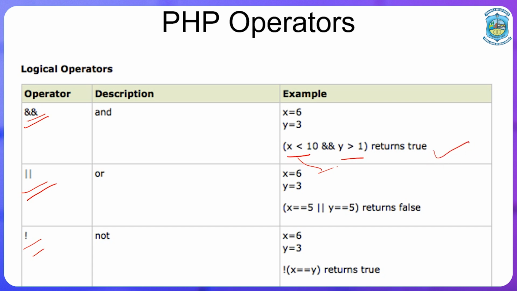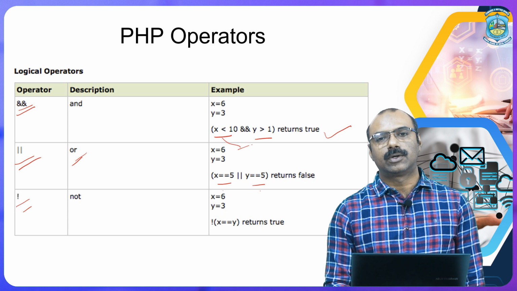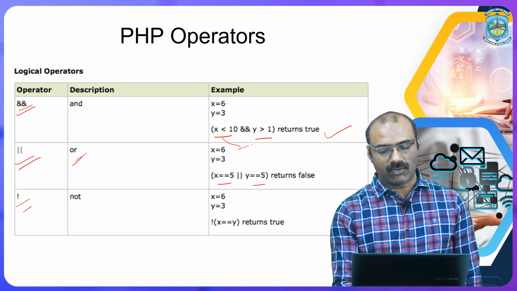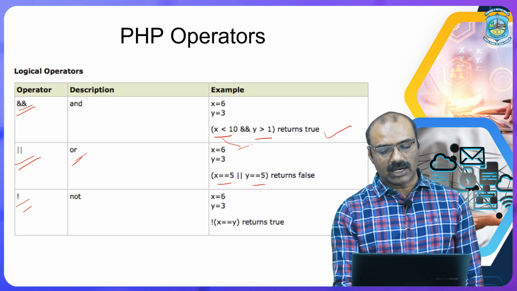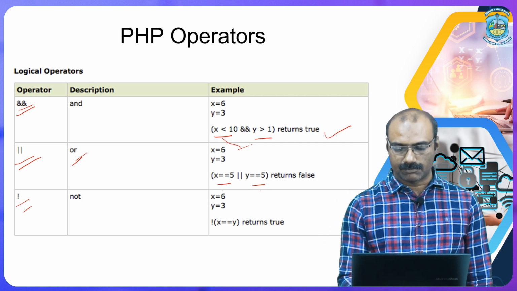Whereas if we use OR, it means either the first condition is true or the second condition. If either condition is true, it will give you a true result. Here it says x equals 5 or y equals 5. If any of the conditions is true, it will give you a true result, otherwise false.